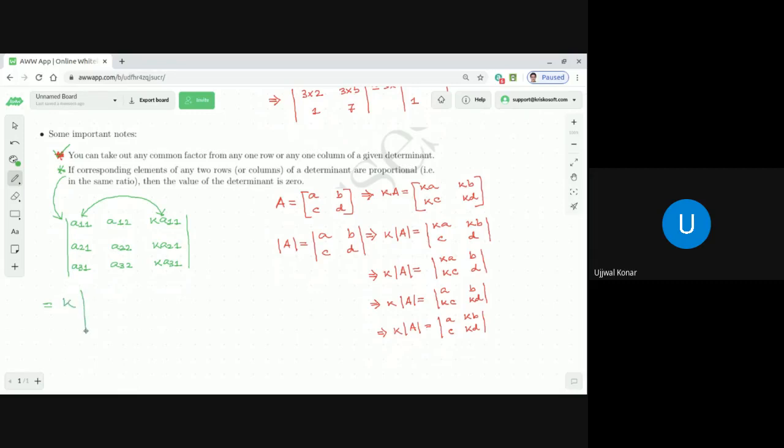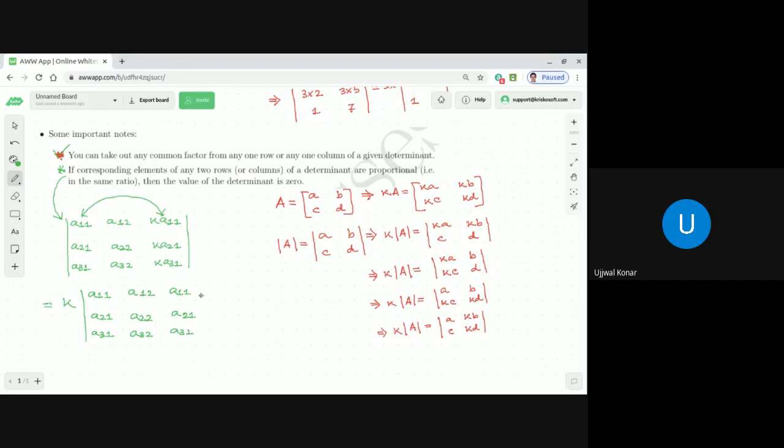Then what we'll write? We can write A11, A21, A31, then A12, A22, A32, then A11, A21, A31.